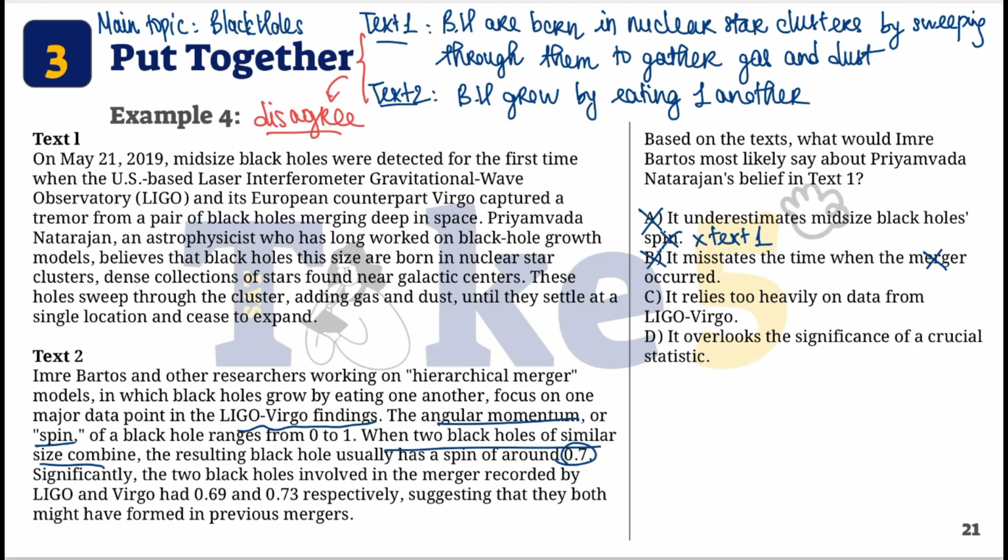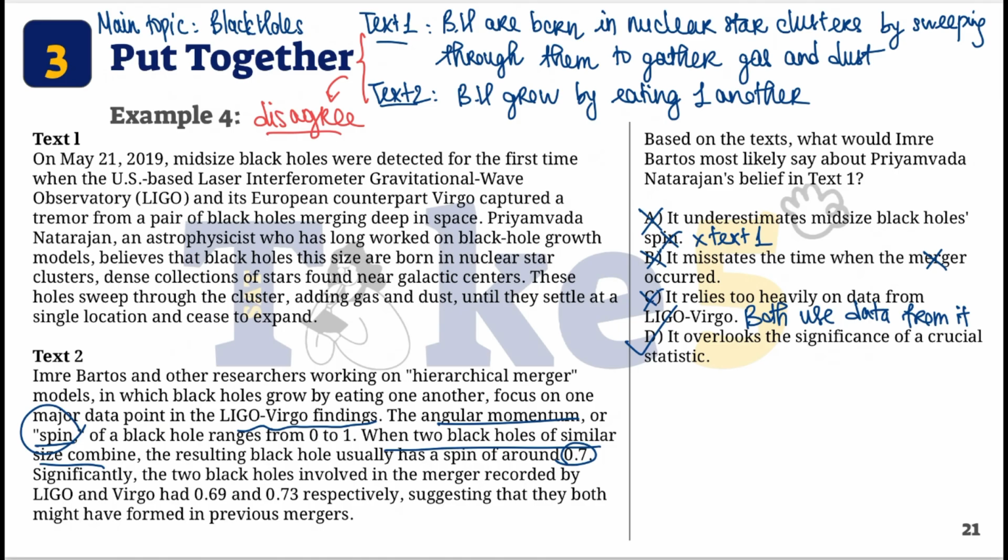And C is incorrect because both texts use data from the LIGO-Virgo findings, so this is not a point of disagreement for them. Only D is correct, which makes sense because text 2 uses another data point, the spin of the resulting black hole in the merger, to back up their merging theory, while text 1 doesn't use this crucial statistic. This concludes today's lesson.